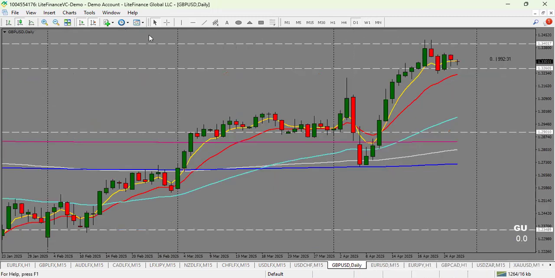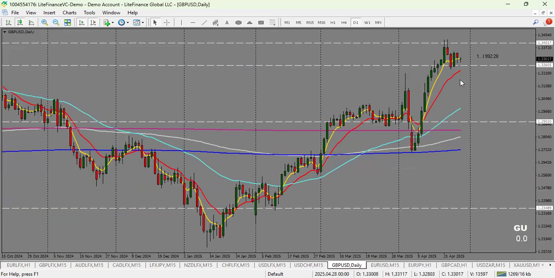Okay, so you can see the consolidation has also commenced here on the daily time frame. Okay, we also have the 13 EMA just below here, but I can see price forming a peak reset right there.